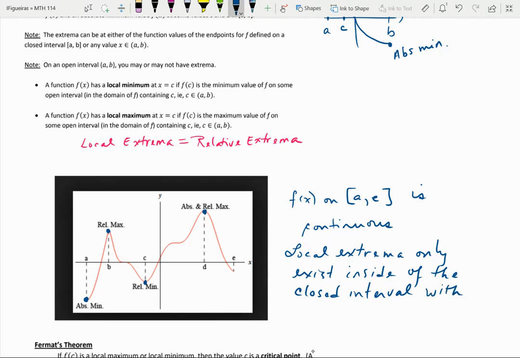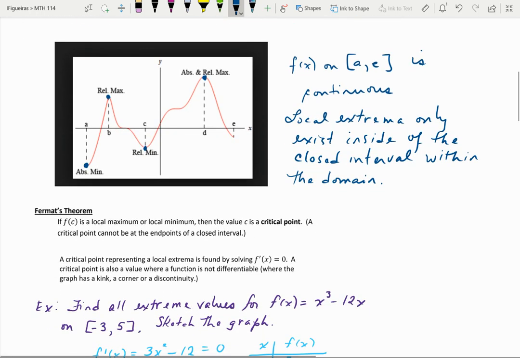So in this case, A and E is my closed interval, and you cannot have local extrema at the endpoints. You can have absolute extrema at the endpoints or inside of the interval, but no local extrema at the beginning and end of the interval.